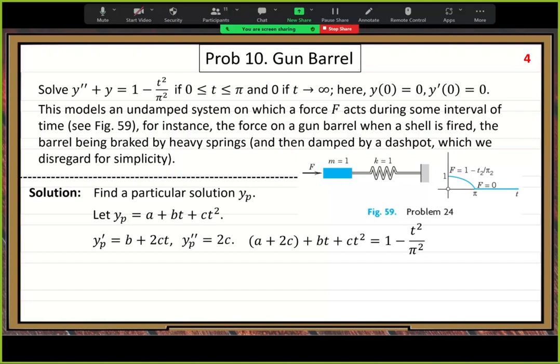Basis again. Basis. Yeah. Let me write a basis. You need to have a strong impression of the basis concept. The basis we're using: 1 for the constant term, t for the linear term, t squared for the quadratic term.